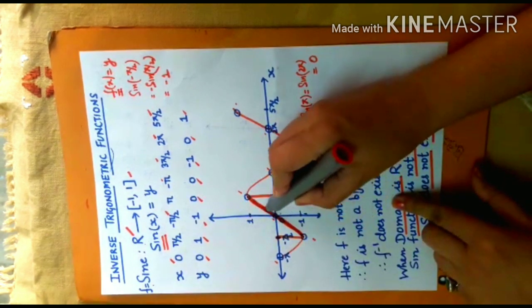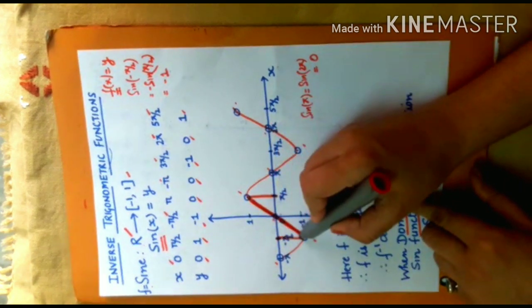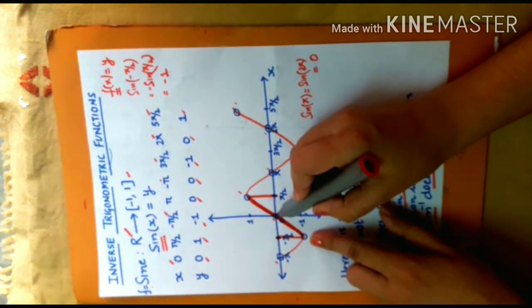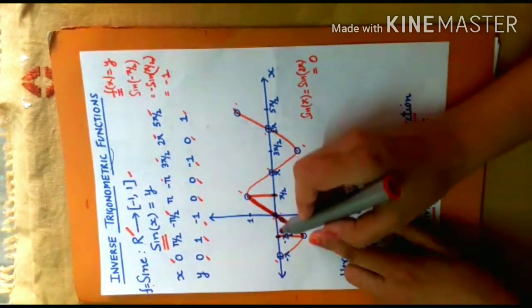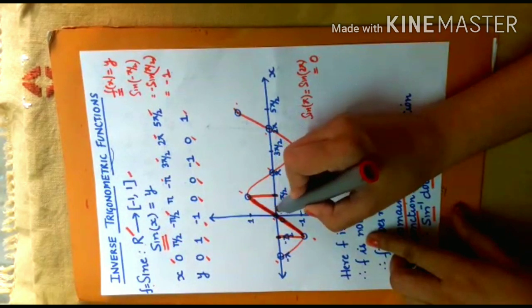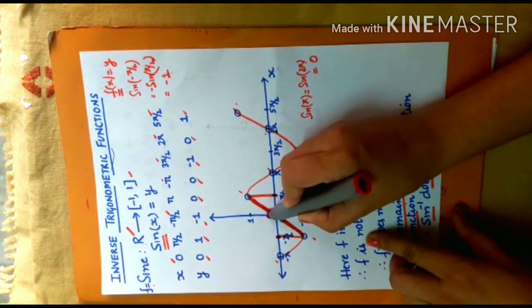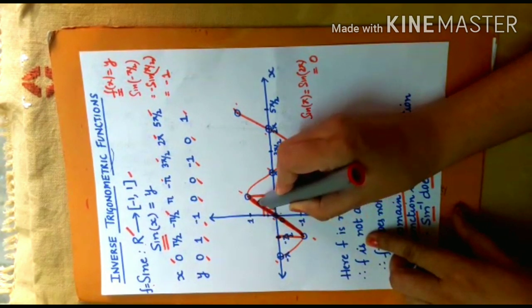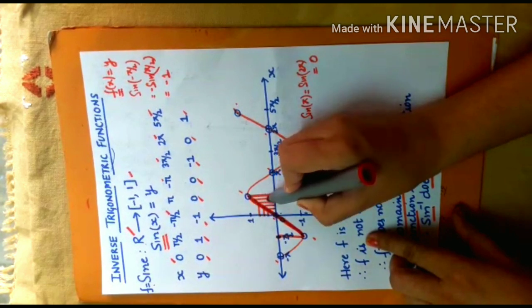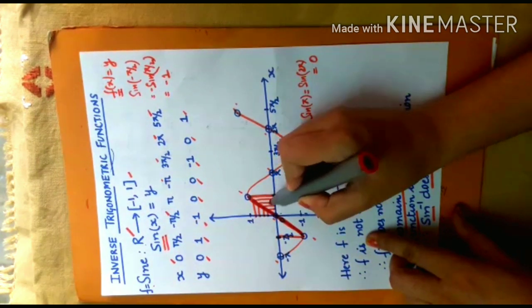So here you can see that sine function is now 1 to 1, because at distinct points the function will have distinct images like this.